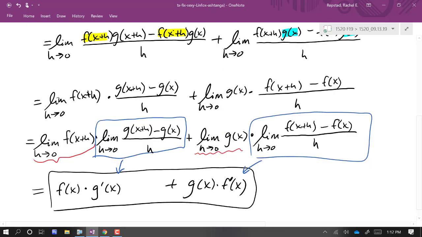So what we're going to do next is just get some practice using the product rule, and then we'll look at the quotient rule. We won't prove the quotient rule, but that's also in the text somewhere. It's a similar process where you add and subtract the same thing and split up the limit.